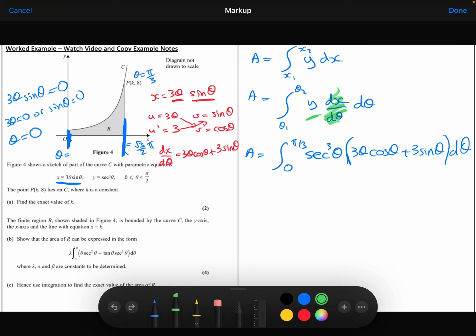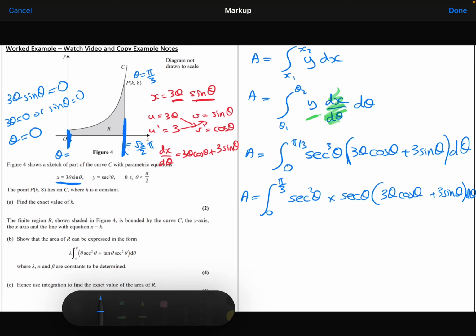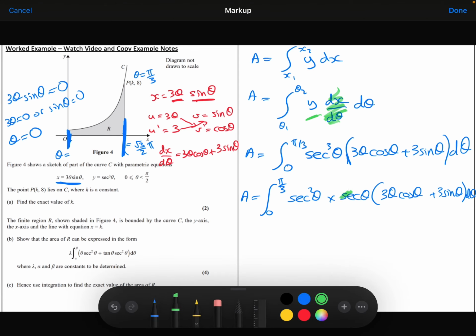So what I'm going to do is split my sec cubed up into a sec squared theta times sec theta. And I'm even going to go one step further than that, because I'm going to remember what sec theta actually is. This sec theta here is the same thing as 1 over cos theta.